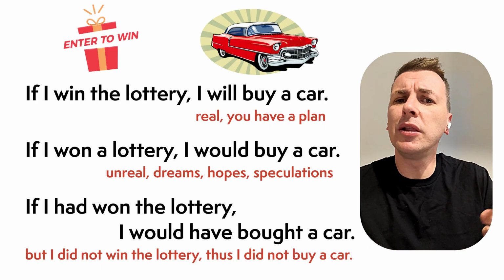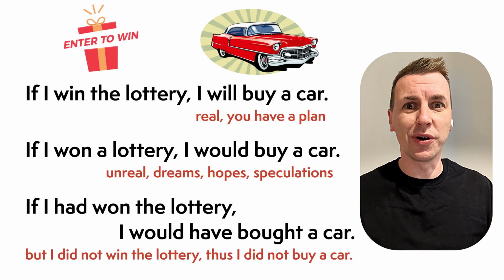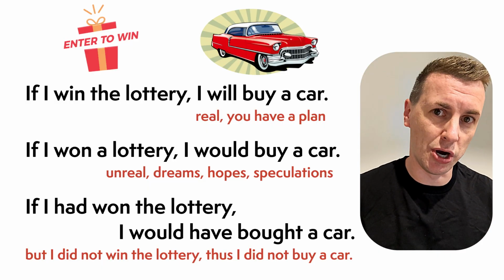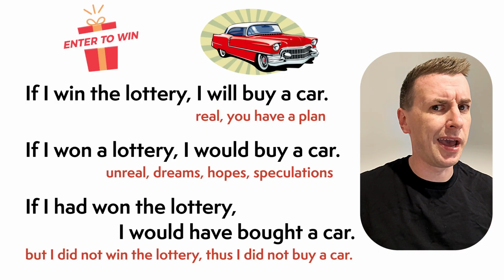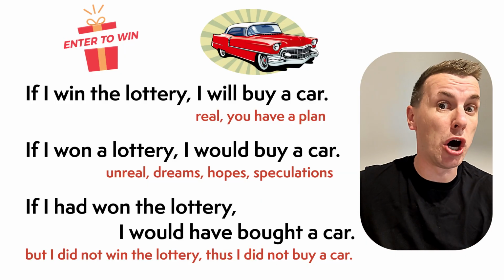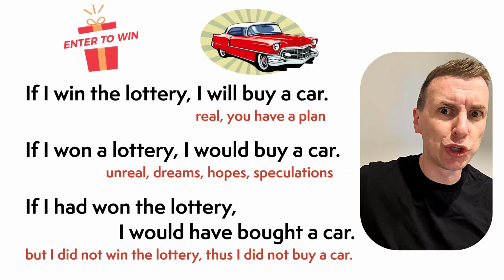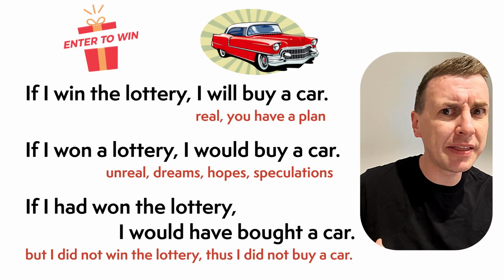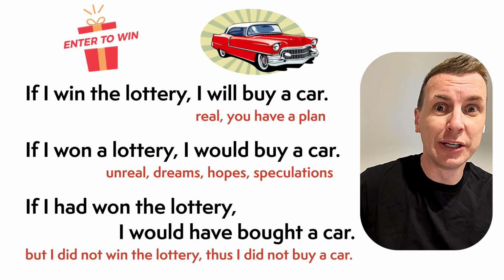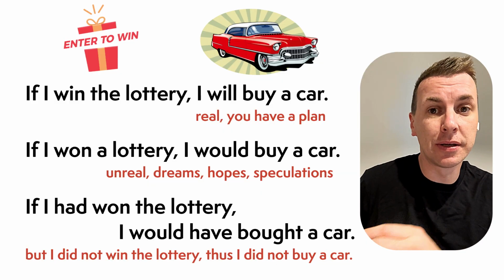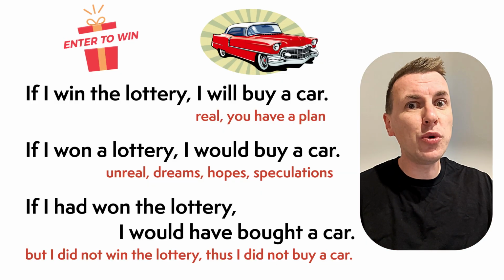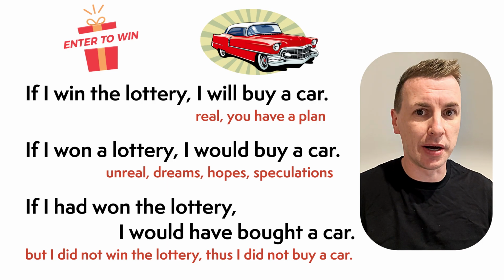If I won a lottery, any lottery in the world, I would buy a car. If I had won that lottery that took place 2 weeks ago, I had the ticket, I tried to win it, but I didn't, I would have bought a car.